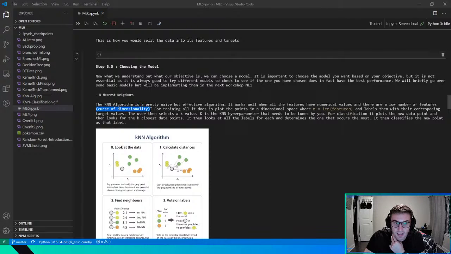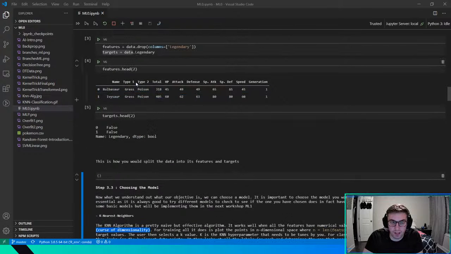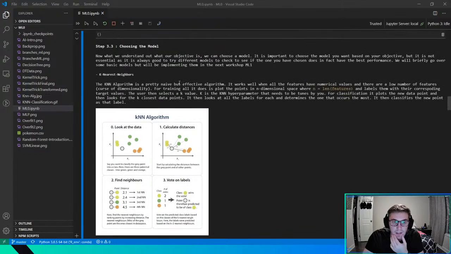This is the idea that when you have a lot of features, which means a lot of columns, or different ways you can represent a data point, it can be really confusing for the model.